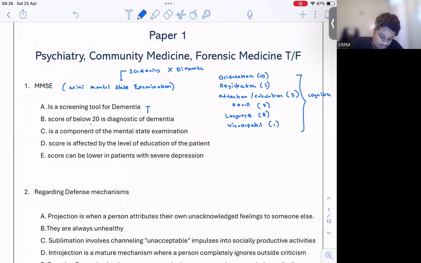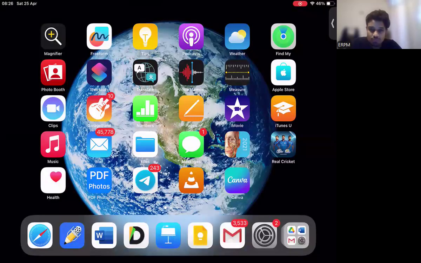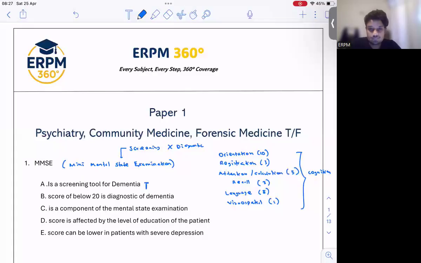Next statement: it is only a screening tool or a diagnostic tool. Score below 20 is diagnostic of dementia. I told you earlier, MMSE is just a screening tool, not a diagnostic tool. What we generally say is if the score is more than 24, it is normal.